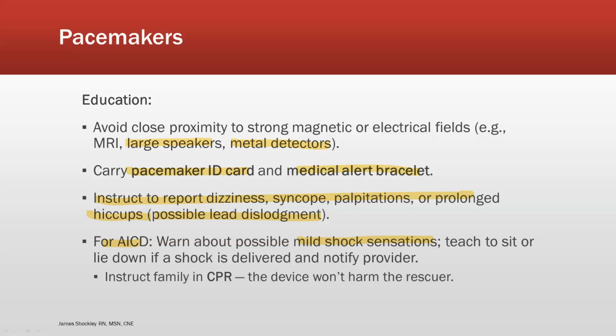If you do start to get dizzy, short of breath, whatever, we're going to have you sit down because you may be getting shocked. If you do, you need to call your healthcare provider, and you'll probably schedule some sort of follow-up. And then we want to teach the family CPR, because although an AICD will defibrillate clients, it cannot perform CPR. If it's not a shockable rhythm, there's nothing the AICD can do.